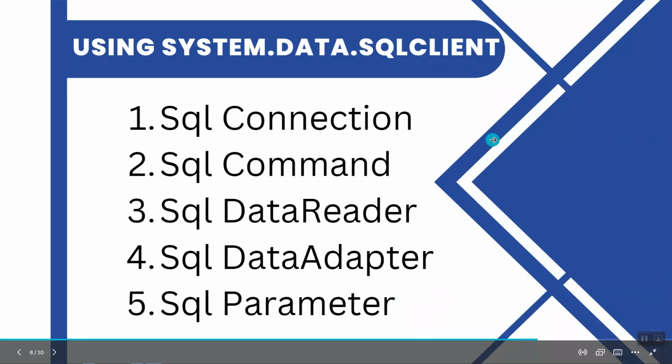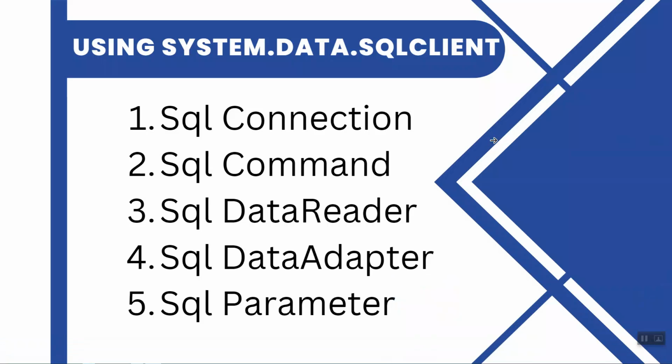We use the SqlConnection class to maintain the connection with the database. SqlCommand executes a query or non-query statement at the backend. SqlDataReader acts as a buffer which holds the data after execution of a query statement at the backend. SqlDataAdapter executes the query statement at the backend. SqlParameter sends a parameter or argument value to a backend stored procedure.